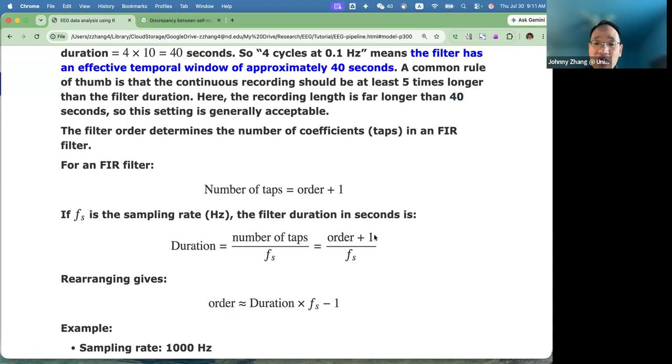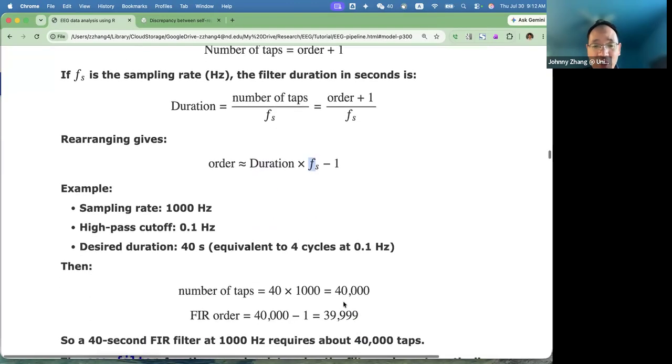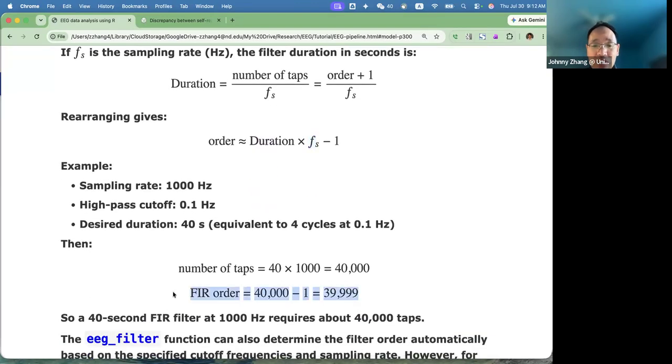Therefore your order is equal to the duration of your filter times the sampling rate minus one. Using our example, we have 40 seconds of duration and a sampling rate of 1000 hertz, so this is 40 times 1000 minus 1. Therefore, the order we are going to use would be around 40,000.